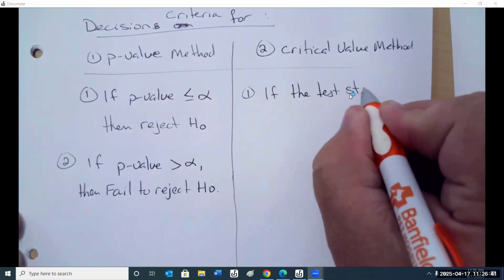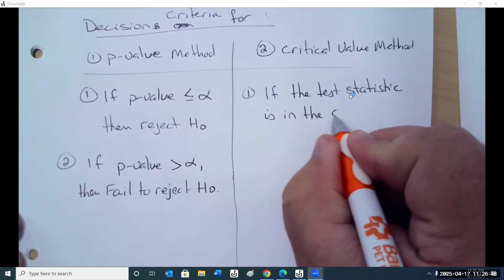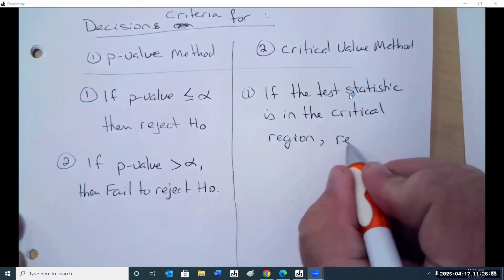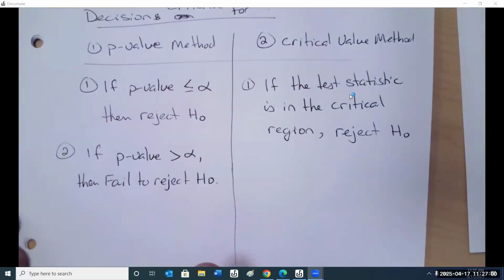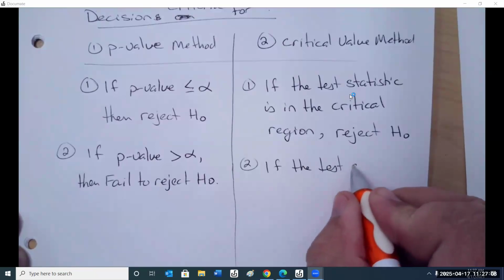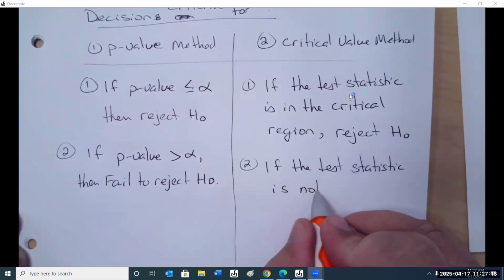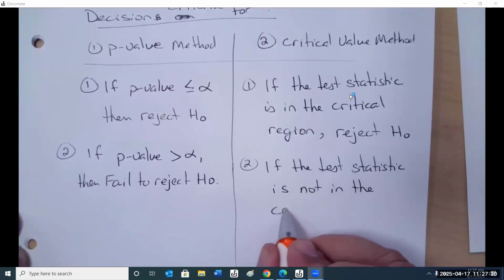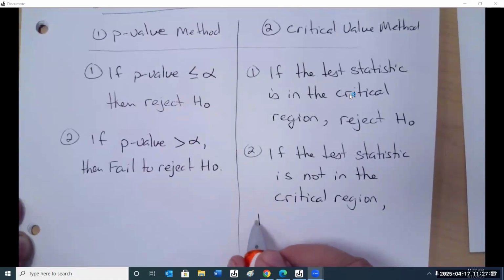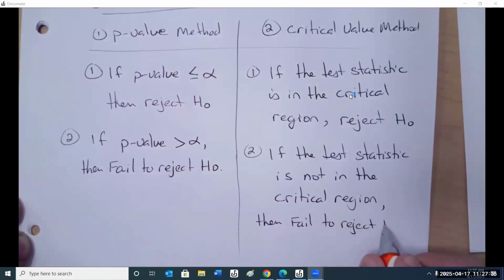If your test statistic is in the critical region, reject your H0. 2, if the test statistic is not in the critical region, then fail to reject the null hypothesis.